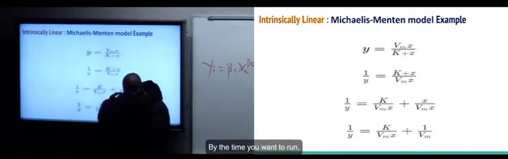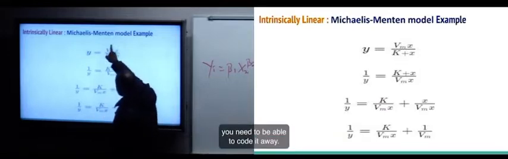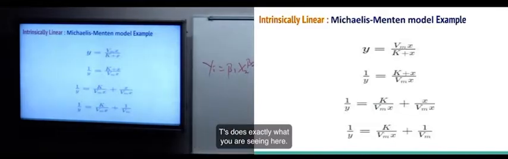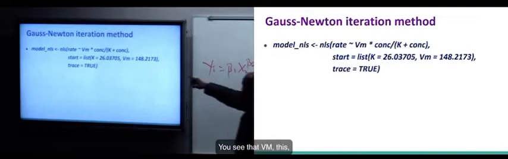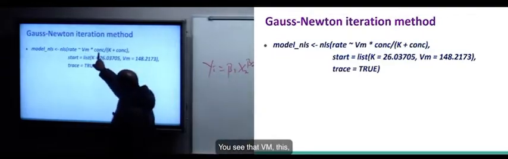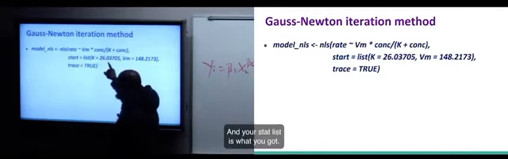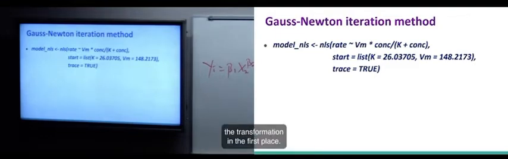By the time you want to run that in R, you need to be able to code it the way it is. That's exactly what you are seeing here now. You see that? Vm, this is like X, divided by that. And your start list is what you got. That was the essence of the transformation in the first place.